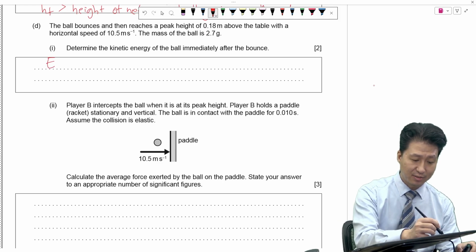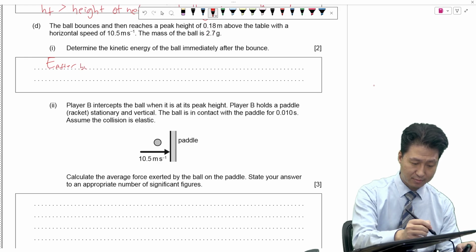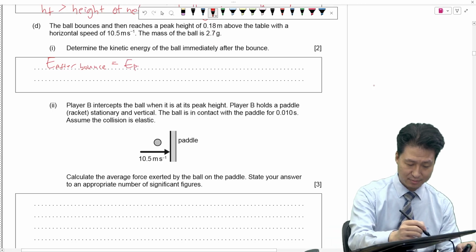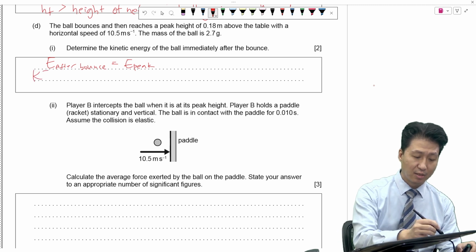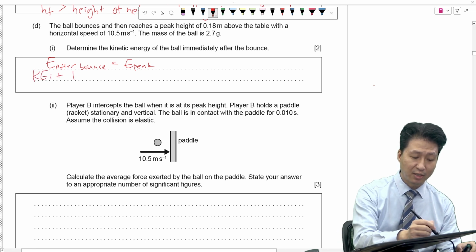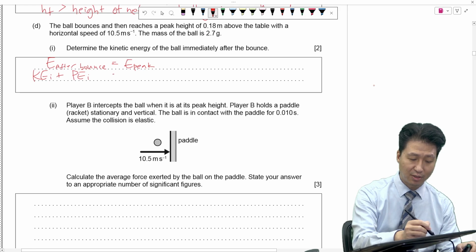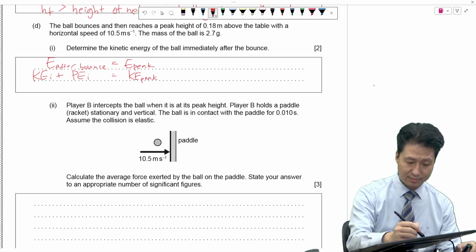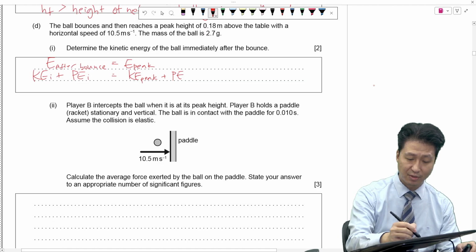So the energy after bounce will equal the energy at the peak. This will be the initial kinetic energy plus the initial potential energy, and will equal the final peak kinetic energy at the top plus the final potential energy at the top as well.